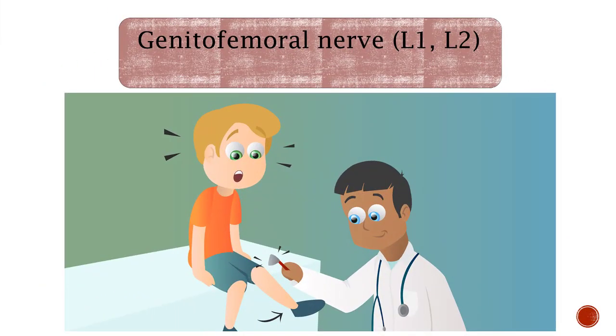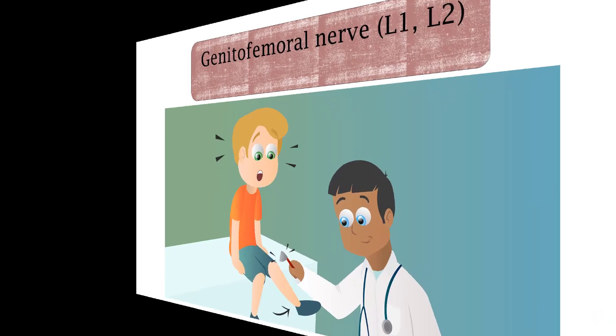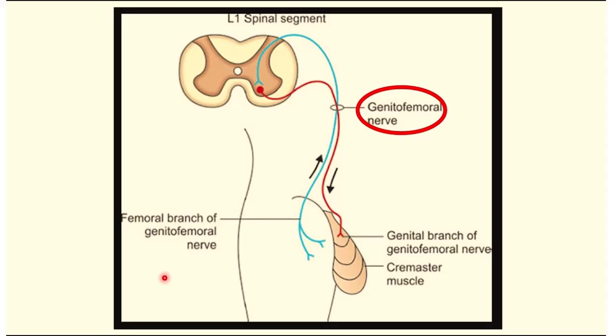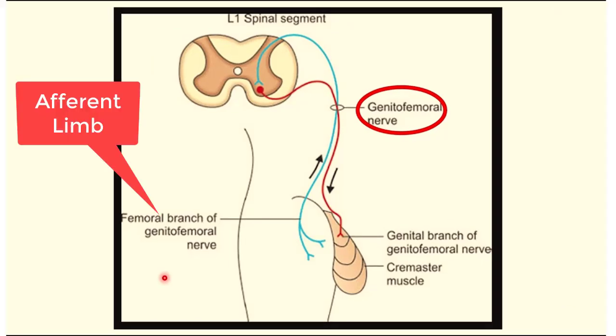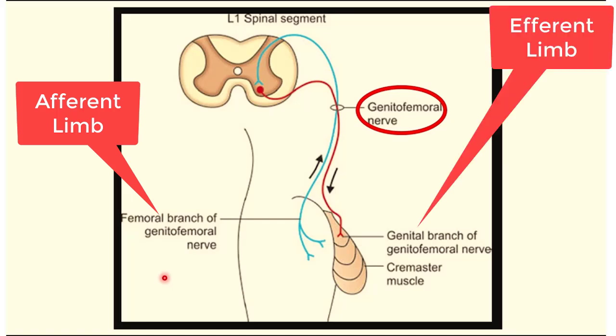In this reflex, when we stroke the skin on the upper medial side of the thigh, there is an upward movement of the testis, and this is due to a contraction of the cremasteric muscle. So the afferent limb of this reflex is through the femoral branch of the genitofemoral nerve, and the ilioinguinal nerve also takes part in the afferent limb, while the efferent limb of this reflex arc is through the genital branch of the genitofemoral nerve.